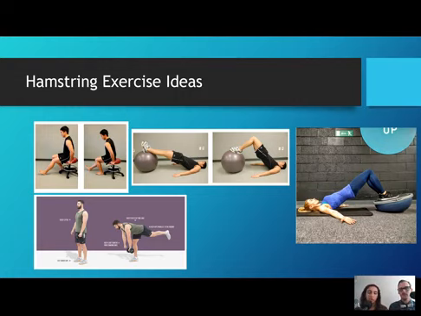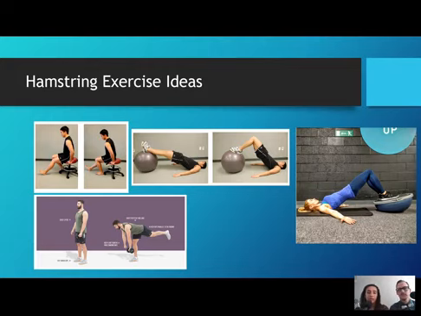So starting with that glute bridge and then moving into straight leg, rolling that ball out away from you. And then you can either lower there and then start again, or you can come back in, bring those knees up.